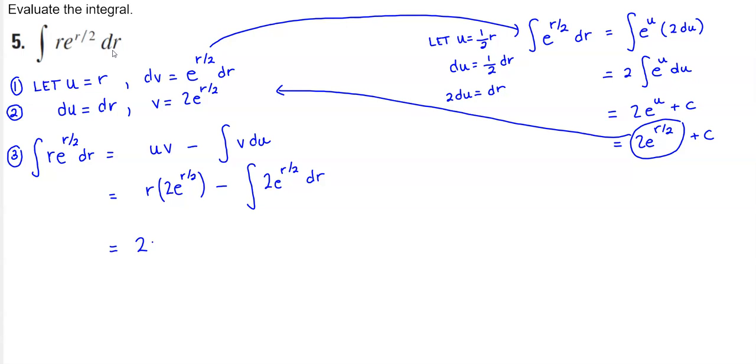So this is going to be 2 times r e to the power of r divided by 2. And then we're going to factor out the 2 and then take the antiderivative of e to the r over 2 dr.